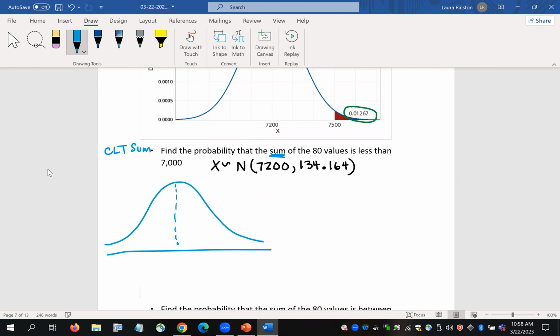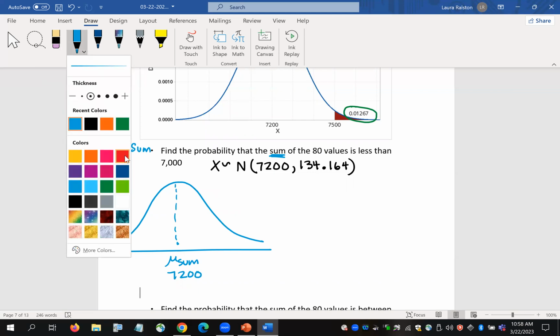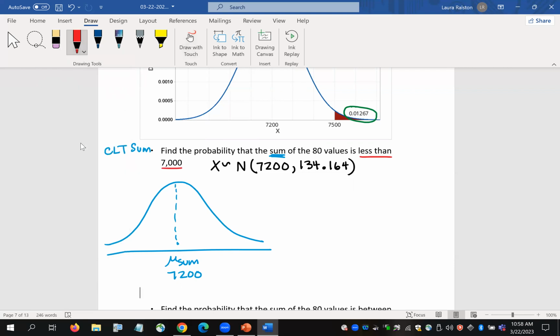The mean of the sum is 7,200. And let's say we want to be less than 7,000. Less than 7,000. Less than is to the left. Okay, so because it's to the left, less than would be a left tail.